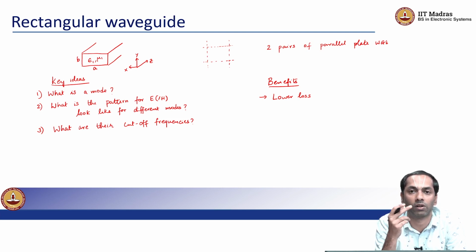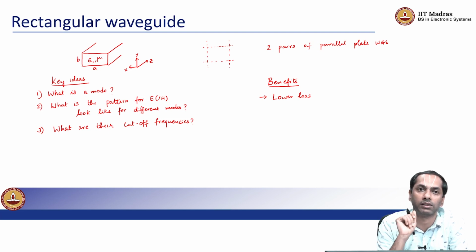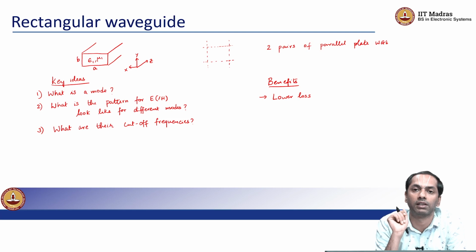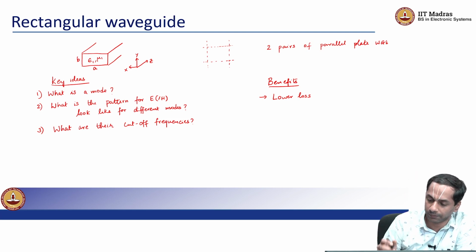So it is really not a flow of current from the source to the load, right, but rather the currents and charges, right, free charges, as dictated by the Maxwell's boundary conditions, that are actually keeping the electromagnetic wave sustained, right, and these can have quite different patterns depending on the modes. We'll see that very shortly. So one key benefit is using such rectangular waveguides does provide us with a lower loss, right.